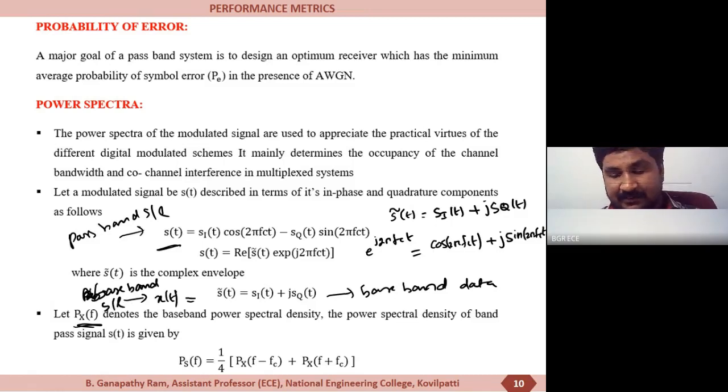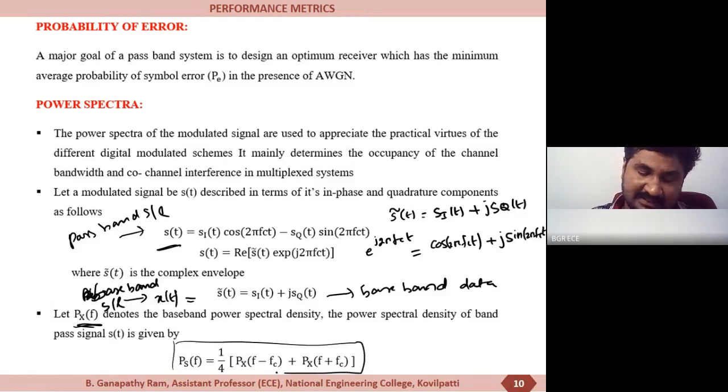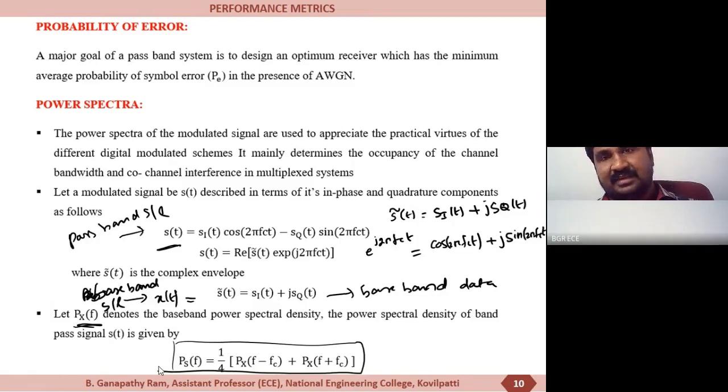So the power spectrum of the passband signal can be represented by this expression. That is, it is shifted towards the carrier frequency. So the baseband signal, which is centered around 0 Hz, is shifted towards the carrier frequency, which is centered around Fc.